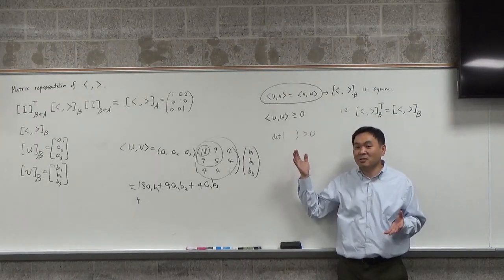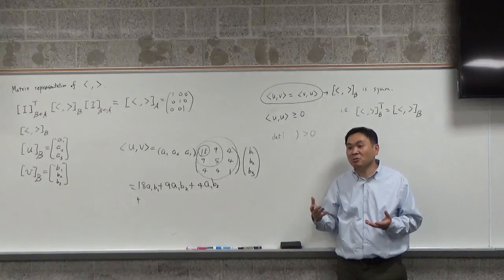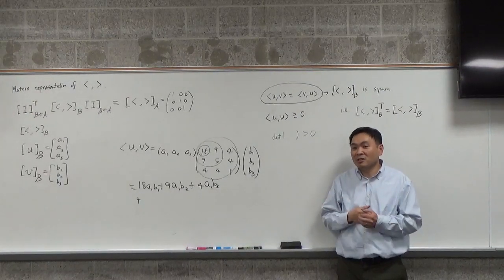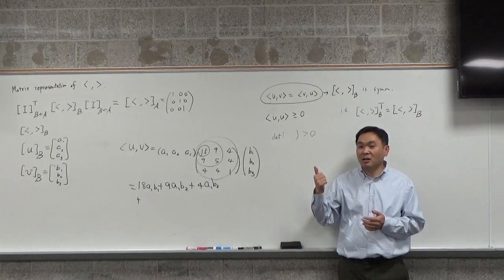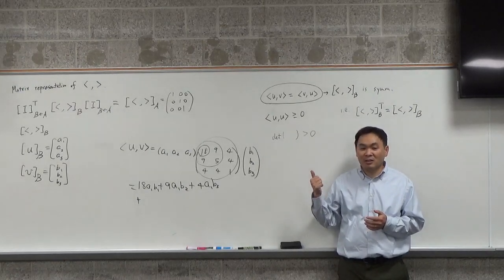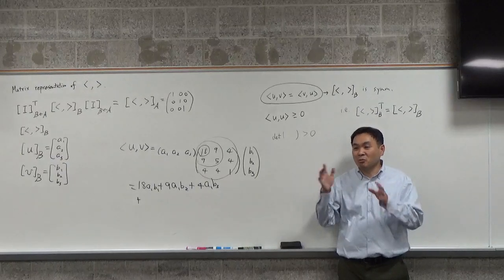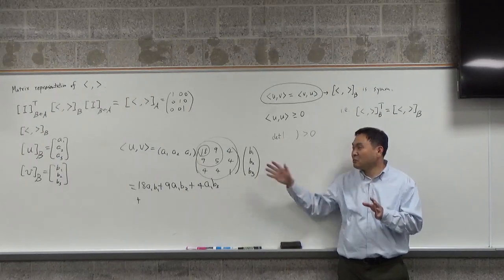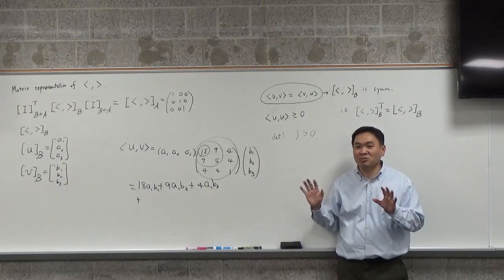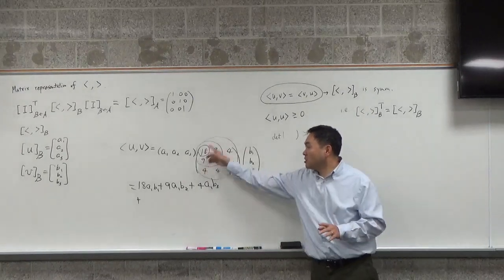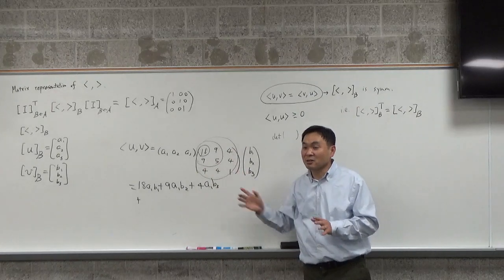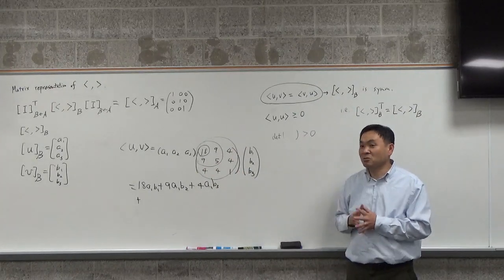Then what that enables us to do is, first it makes the inner product calculation a lot easier, but also it allows you to easily represent one vector by another. This makes all kinds of calculations a lot simpler, but it wouldn't be so simple if your inner product matrix is like this. Okay? So that was the point of today's lecture.